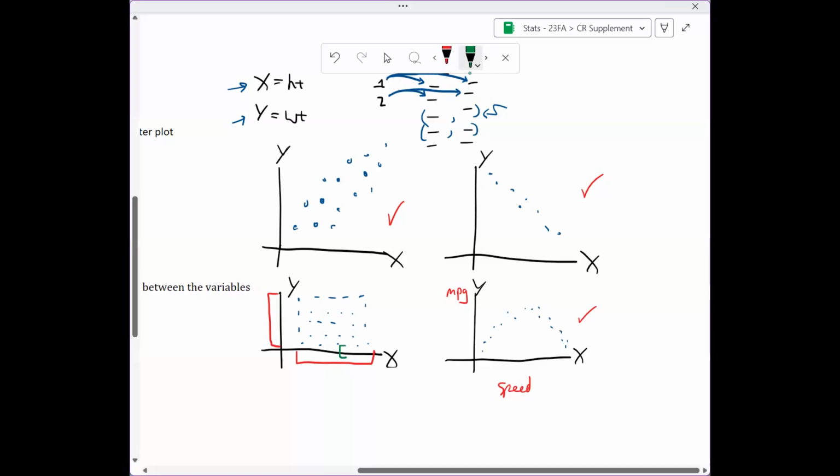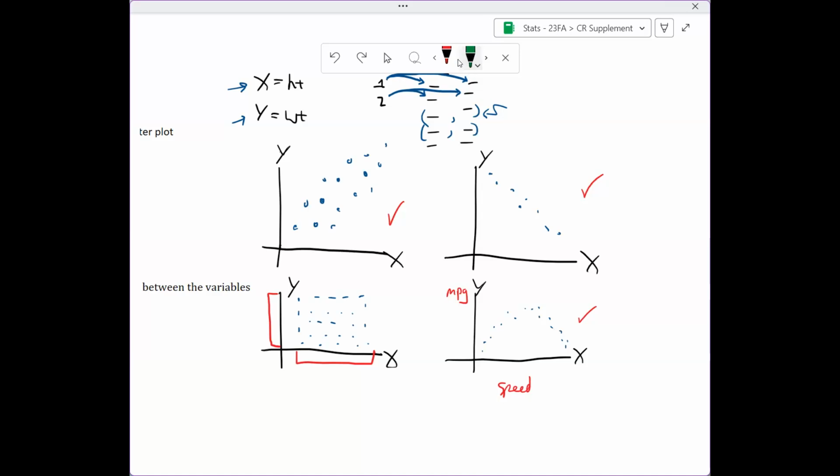If I were to think about restricting myself to maybe higher values of X, well, the data still span that same whole region in Y. Or if I restricted myself to lower values of X, again, the data still span the whole region in Y. In other words, if I know something about X, that doesn't really tell me anything about Y. If I know that X is higher or lower than typical or in the middle, I don't know anything more about Y than I did before I knew that about X.